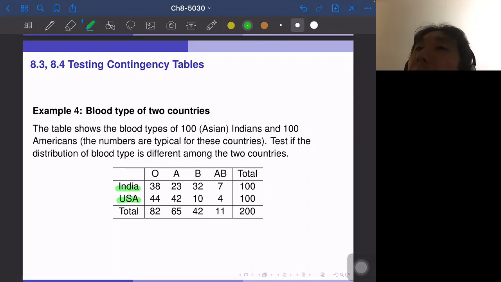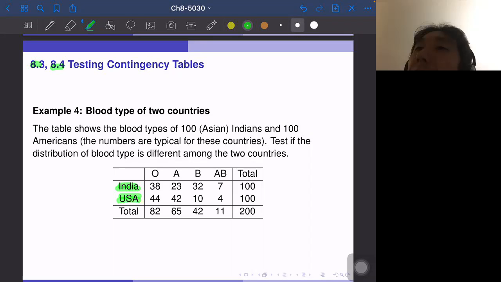Sometimes people say this is a test for goodness of fit and distinguish it from the test for independence, which is why we have two sections here, but it is basically the same. If Indians and Americans have the same blood type pattern, that means blood type and country of origin are independent.